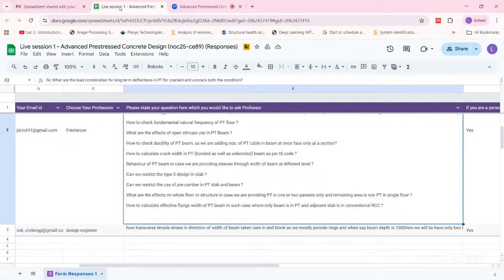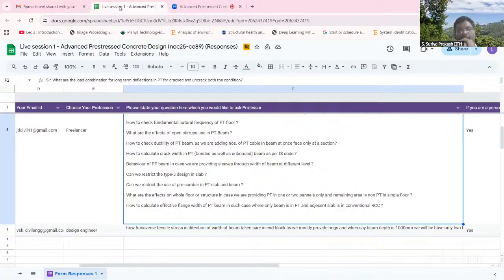No, in case of building, we are only designing the beam as PT and the slab is conventional RCC. Then concrete of the beam is in compression and the slab is not in compression. Many countries outside India try to design the beam as a rectangular section only. In India, for positive moment at mid span, they are taking the T section and using effective flange as per RCC design.